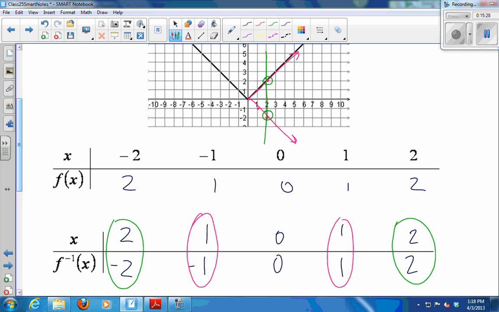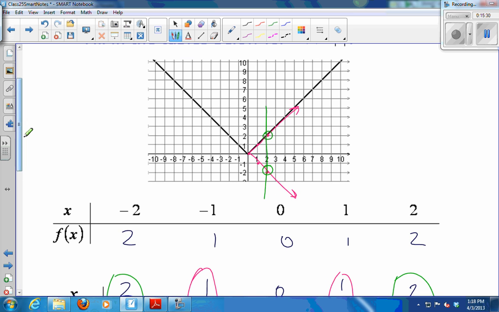So graphically, I could have imagined what would happen when I redrew the inverse and saw that it didn't pass the vertical line test. And you can see it before even drawing by doing a horizontal line test. Because I have inputs, -8 and 8, say, that give the exact same output.